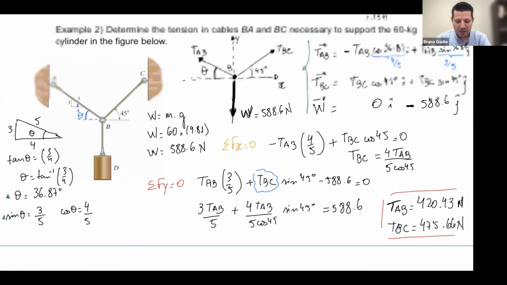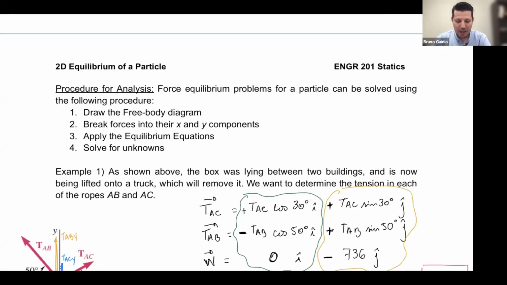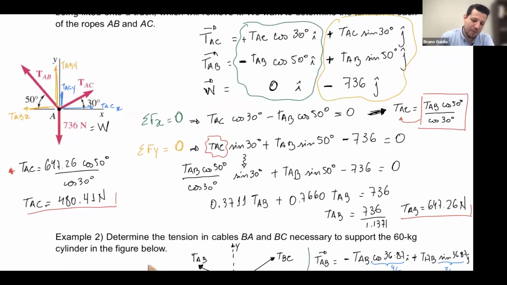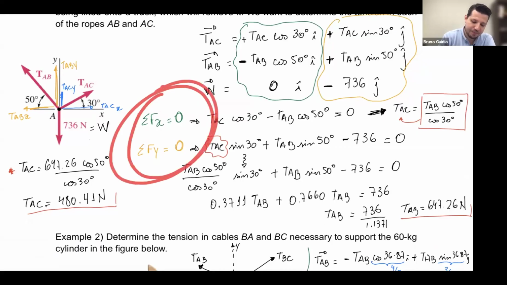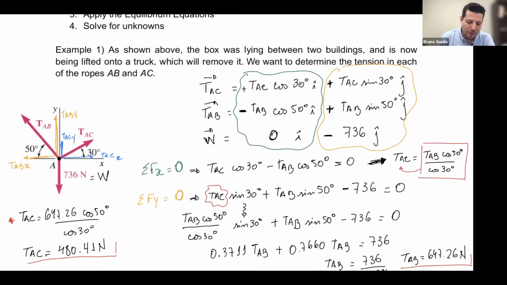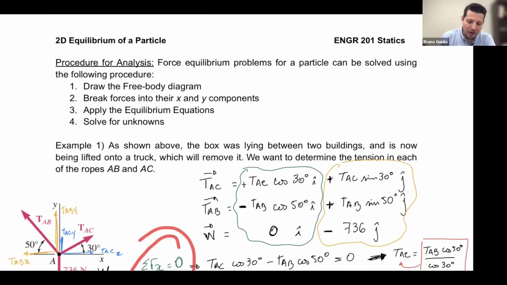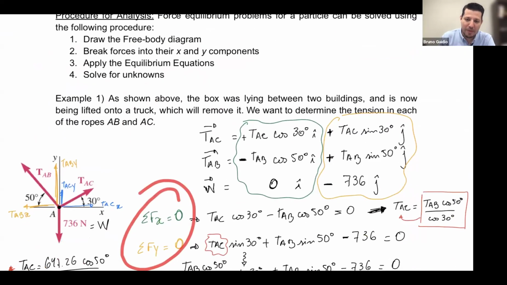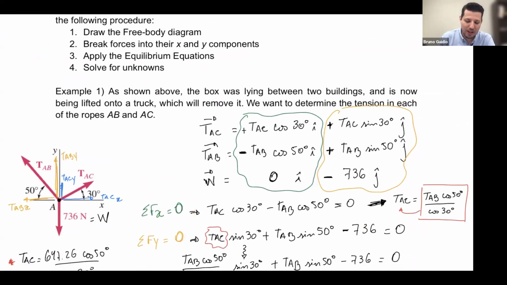One of those being the 2D equilibrium, being able to find those equilibrium and applying these equations. We're going to work a lot with 2 dimensions, much more than the 3 dimensions.